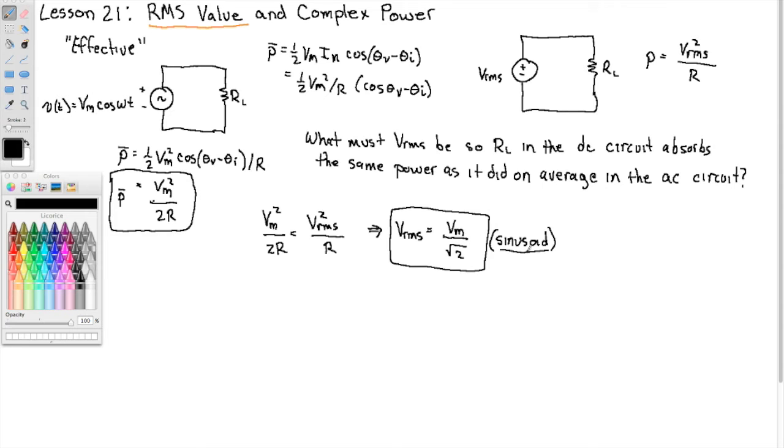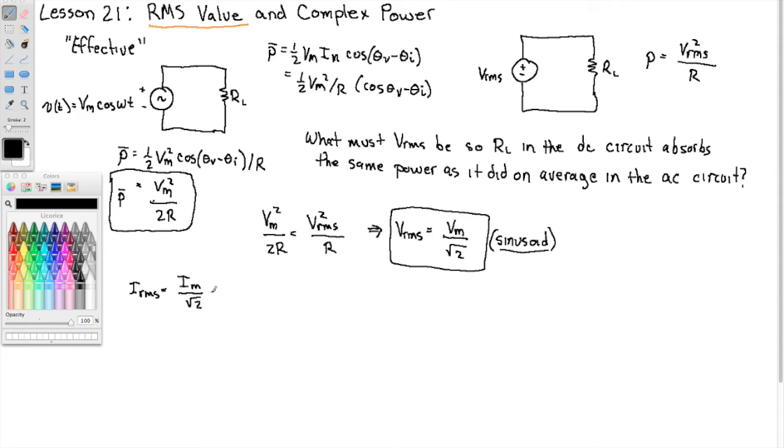Okay, so just know that if you take the RMS value of a sinusoid, you're going to take the amplitude of the wave and divide it by the square root of 2. Similarly, if we had a current waveform, it would be the amplitude of the current divided by the square root of 2.